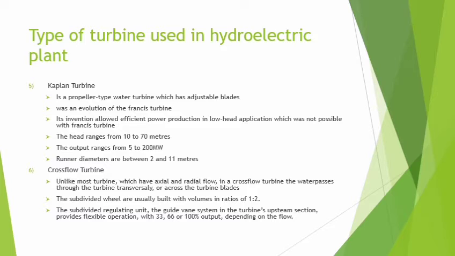The subdivided wheels are usually with volumes in a ratio of 1:2. The subdivided regulating unit, the guide vane system in the turbine upstream section, provides flexible operation with 33, 66 or 100% output depending on the flow.